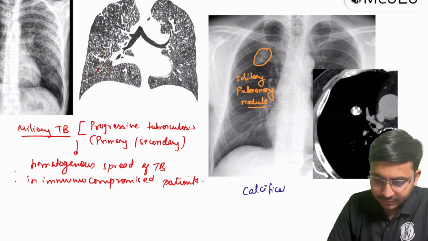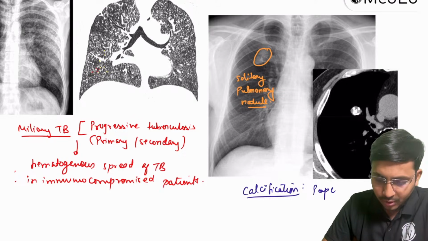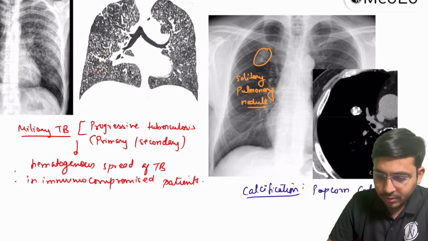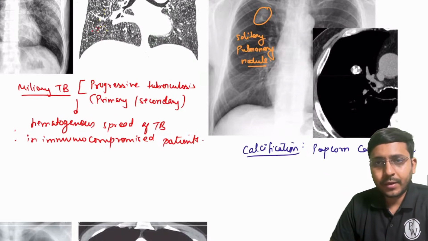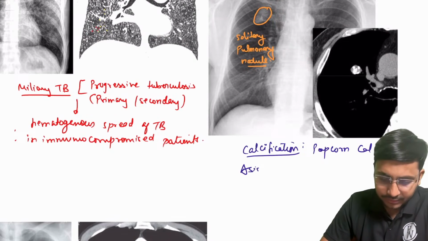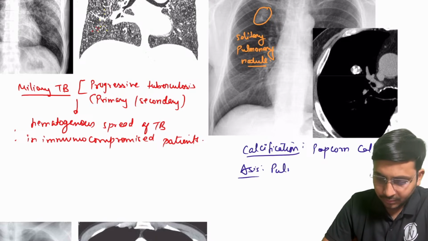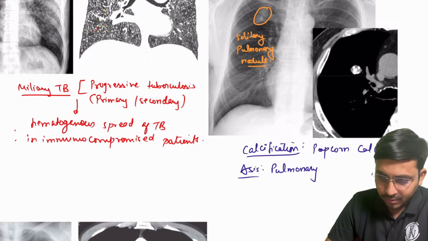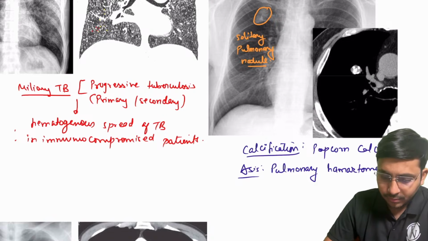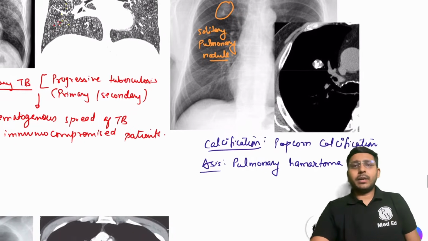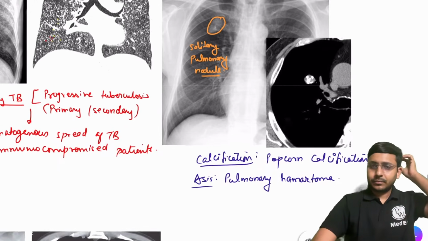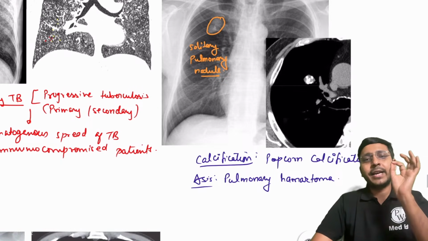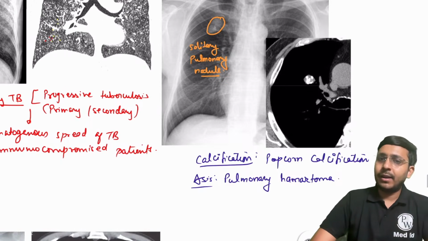The type of calcification that you see here is known as popcorn calcification, and the diagnosis is pulmonary hamartoma. Okay, so popcorn calcification in lungs is pulmonary hamartoma.